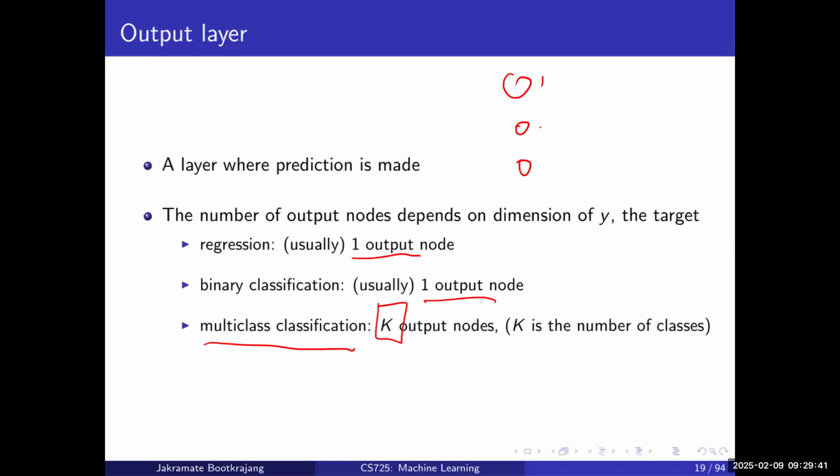For example, if you have 3 classes, in the output layer you would have 3 nodes, and each node will give you some number, basically corresponding to the probability that this data belongs to that particular class. So that is the basic concept of the neural network: you have the input layer, the hidden layers, and then the output layer.